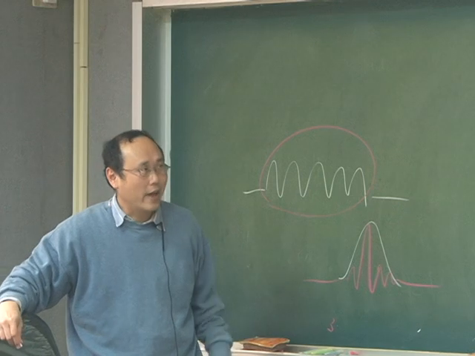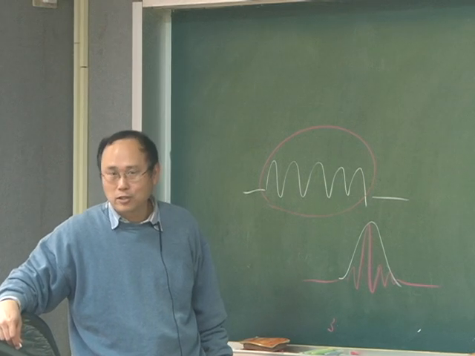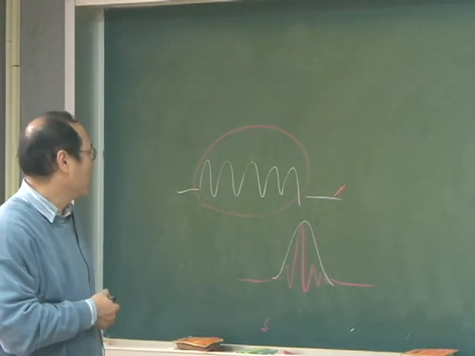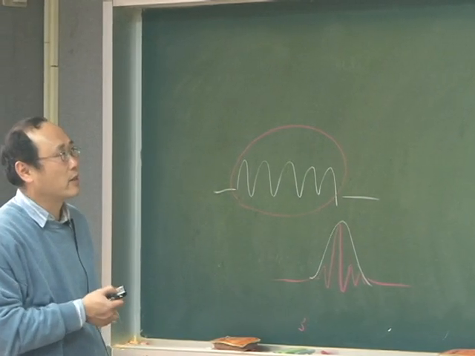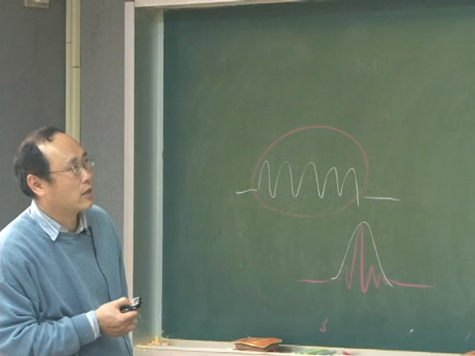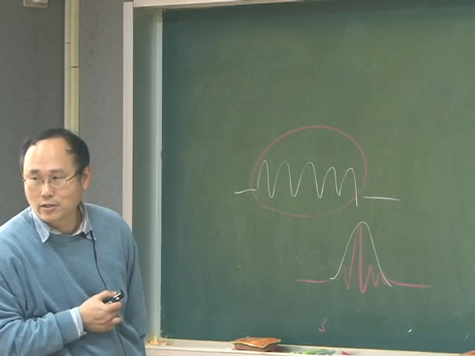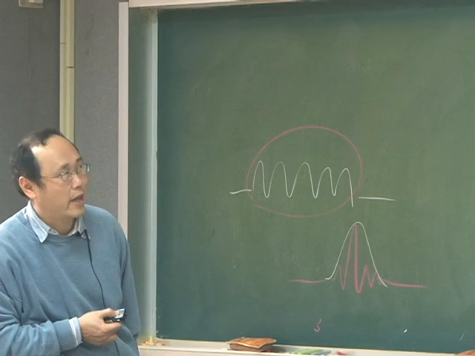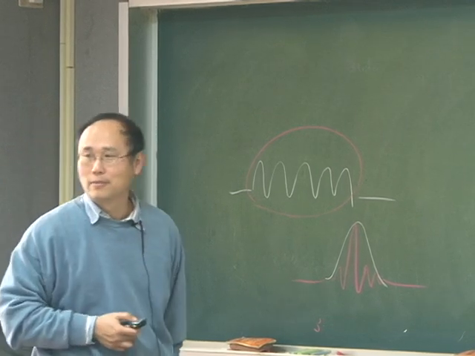So the group velocity and the phase velocity are different. I have described the concept, and this group velocity is the velocity of energy. That's why the group velocity is important, because energy is money, right?